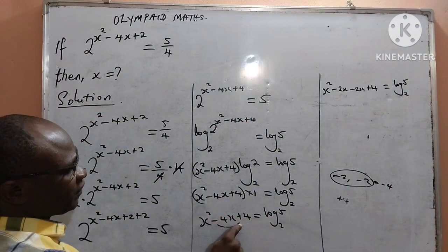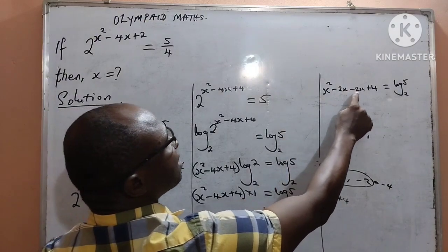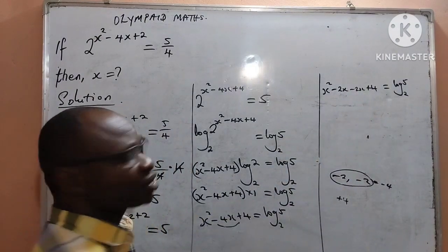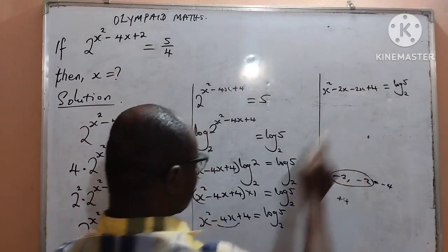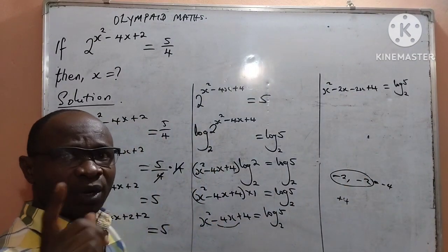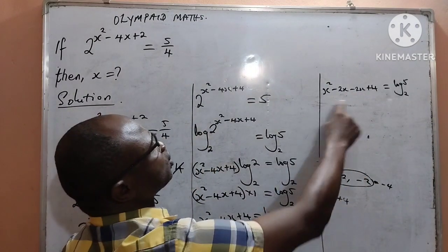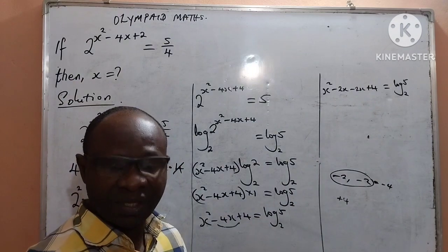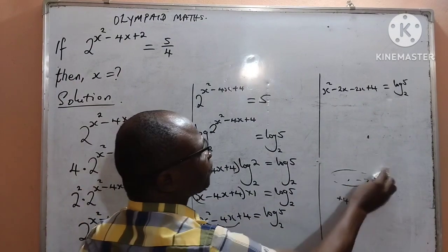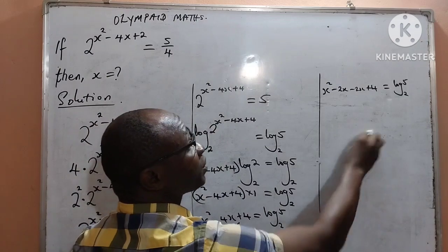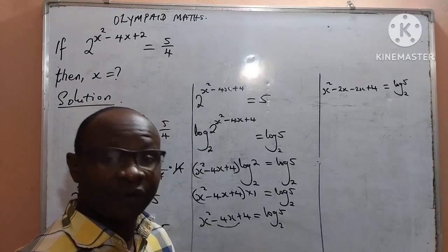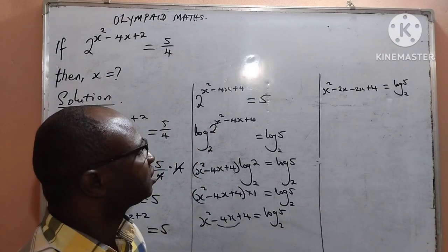I replaced the minus 4x with minus 2x minus 2x, because minus 2x minus 2x will give me minus 4x. But why I am doing that is to make factorization very easy for myself. Therefore, that is what we call the factorization method of solving quadratic equations.